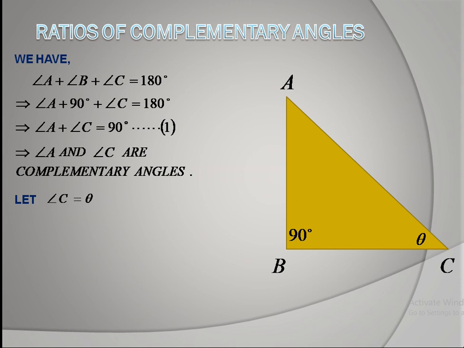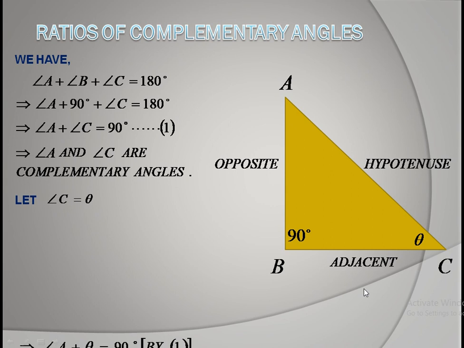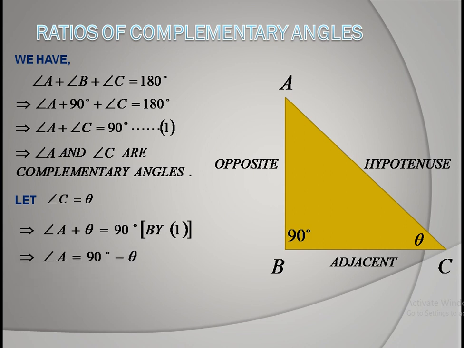Now according to angle C, BC will be the adjacent side, AB will be the opposite side and AC will be the hypotenuse. This implies angle A plus theta is equal to 90 degrees by equation 1. This implies angle A is equal to 90 degrees minus theta. Here I indicate it in the figure.